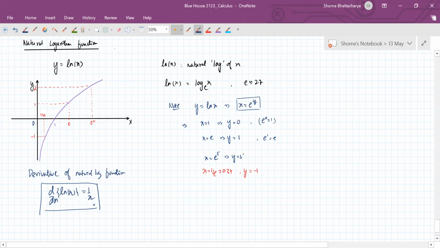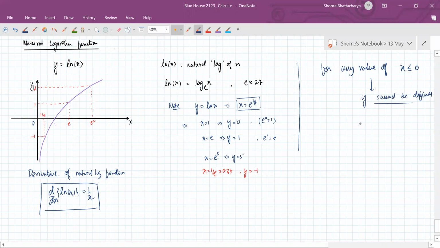Sir, can you please explain where the function will be undefined? The function will be undefined, for example, for any value of x less than or equal to 0; y cannot be defined.